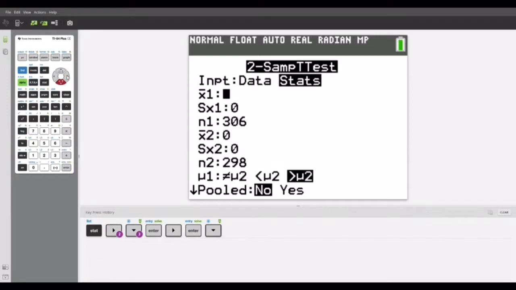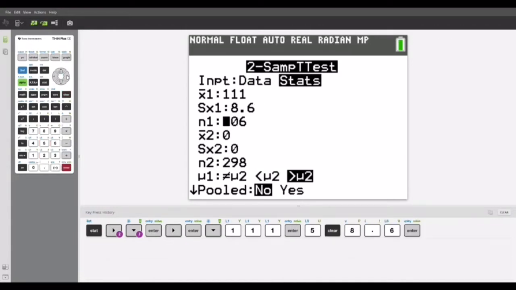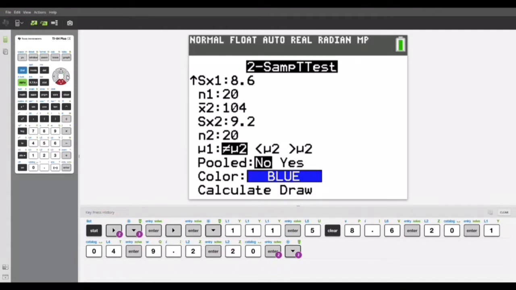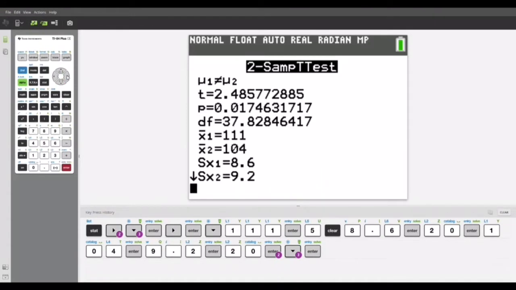And so we have x bar 1 is 111. Standard deviation for our first one is 8.6. And our sample size is 20. X bar 2 is 104. Standard deviation is 9.2. And our sample size for the second one is 20 also. Your alternative hypothesis is not equal to. Again, set pooled to no and hit calculate.